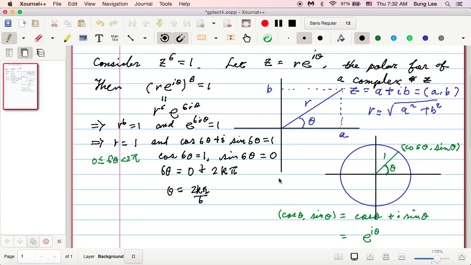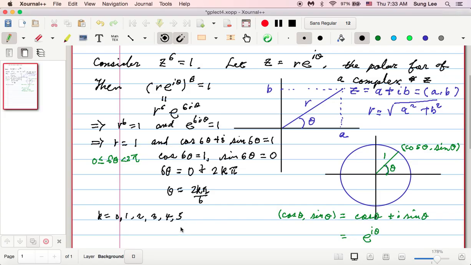So we found it, and here in this case, k runs from, so how many are there, right? How many are there really? So k runs from 0, 1, 2, 3, 4, 5.